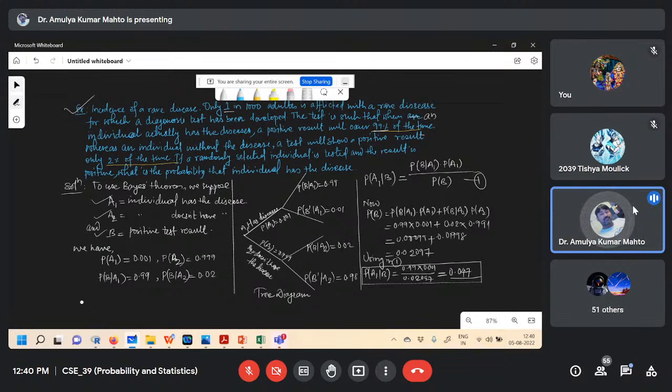So these are the events A1, A2, and B. From the statement of this problem, what are the things we have? You can see that out of 1,000, only one person is having that disease.